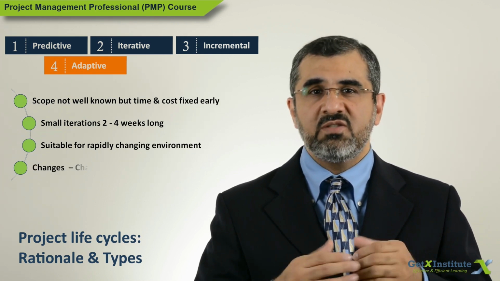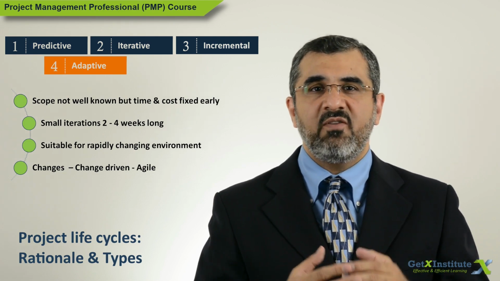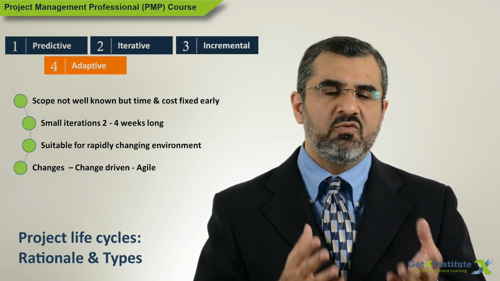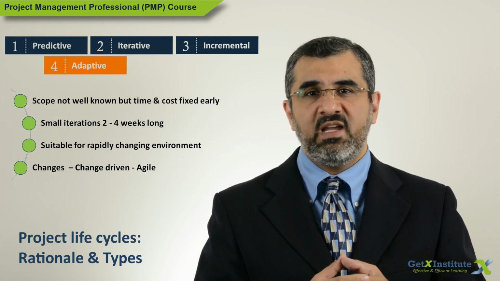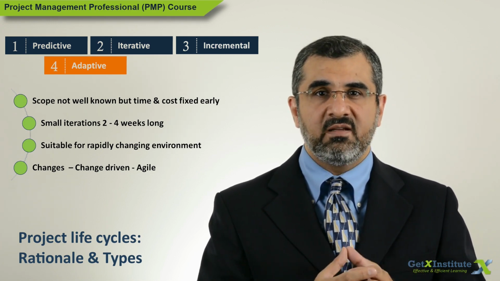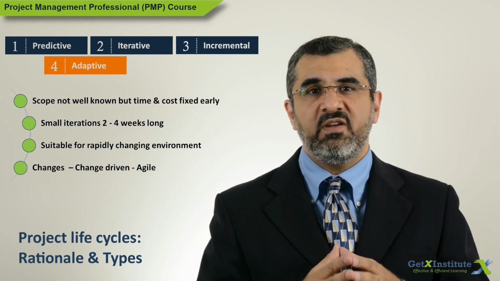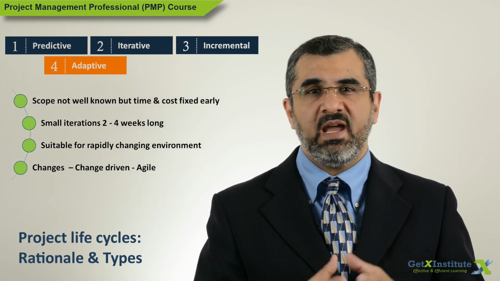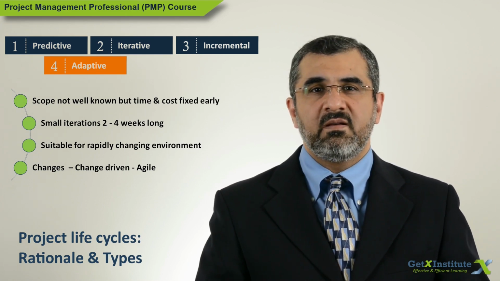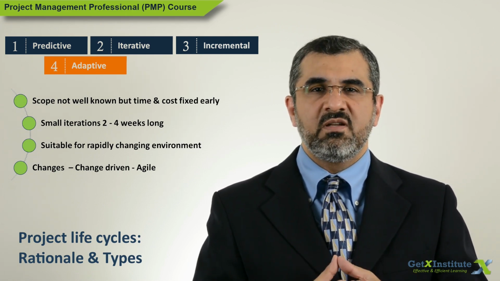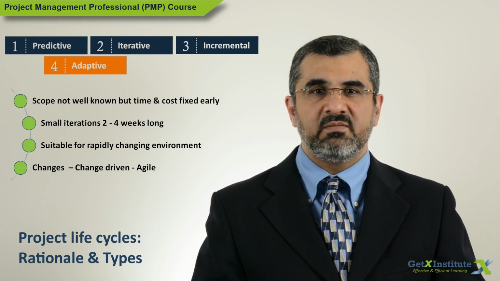So the approach is to take small steps in the form of iterations, each only 2 to 4 weeks long. Detailed scope of work is defined before iteration and at the end. The results provide feedback which helps in defining and selecting the work for the next iteration. This method is now commonly used in the software development world.